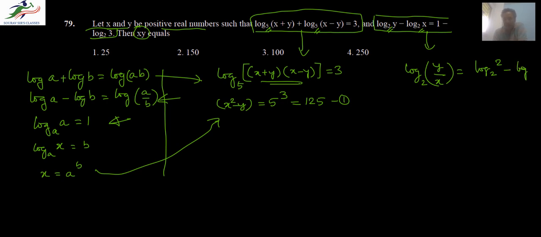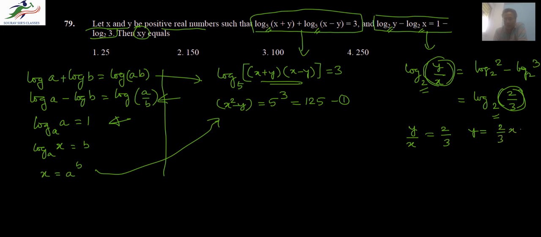So this can be written as log of 2 by 3 to the base 2, and therefore y by x becomes equal to 2 by 3 because we have the same base on both sides. So y by x is equal to 2 by 3, or y is equal to 2 by 3 x, which is my second equation.